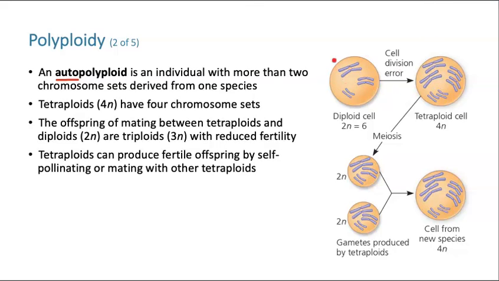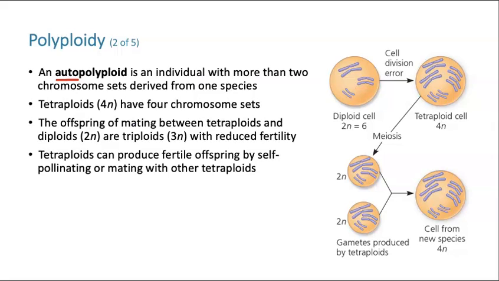So remember, we just had this one, and we had this error, and then we had meiosis, right? This is just one species. Yes, in the end, we have this new species that's tetraploid. It has 4 sets of chromosomes, but it happened within this one species.